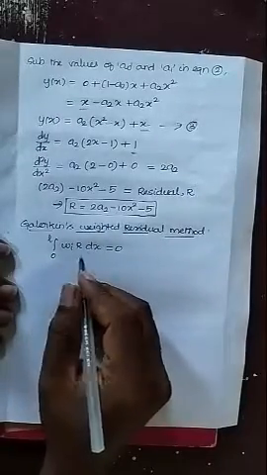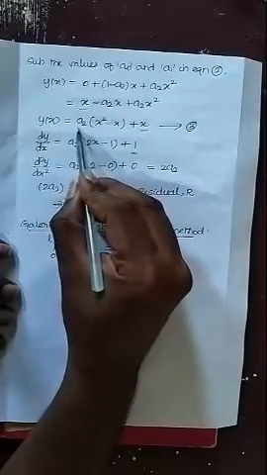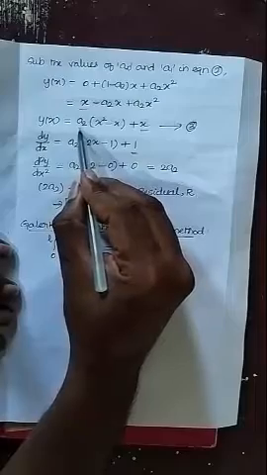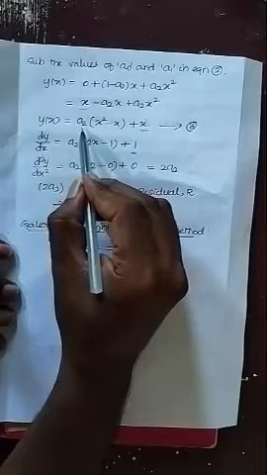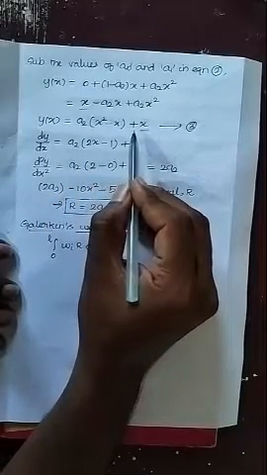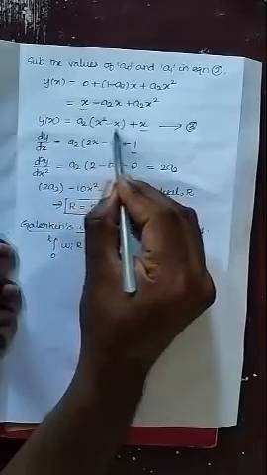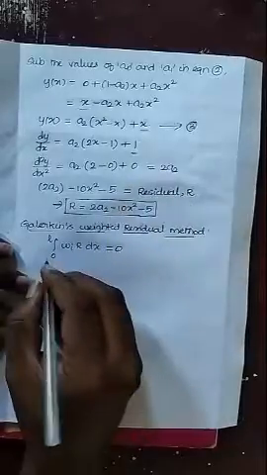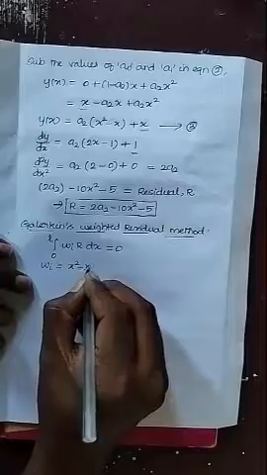Here Wi is the weight function. Weight function is nothing but the coefficient of the unknown constant term present in the trial function. Here our trial function is y of x is equal to a2 into x square minus x plus x. Here the coefficient of the unknown constant term a2 is x square minus x. So in the present problem, the weight function Wi is x square minus x.